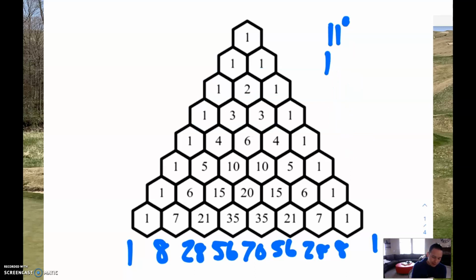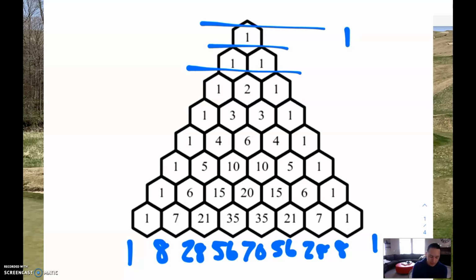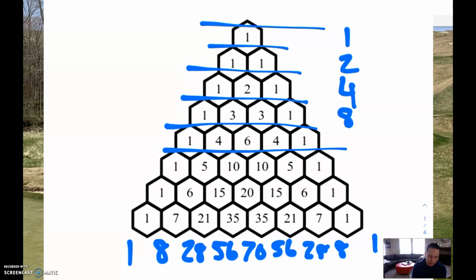Let's look at something else kind of cool about this. I'm going to break it off into rows and add up all the numbers in each row. This is 1. 1 plus 1 is 2. 1 plus 2 plus 1 is 4. 1 plus 3 plus 3 plus 1 is 8. 1 plus 4 plus 6 plus 4 plus 1 is 16. 1 plus 5 plus 10 plus 10 plus 5 plus 1 is 32.